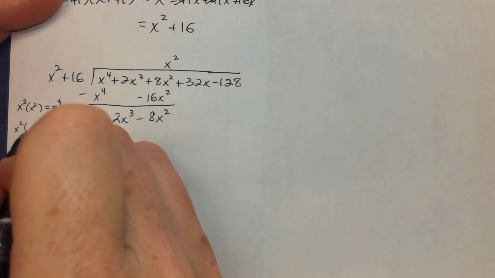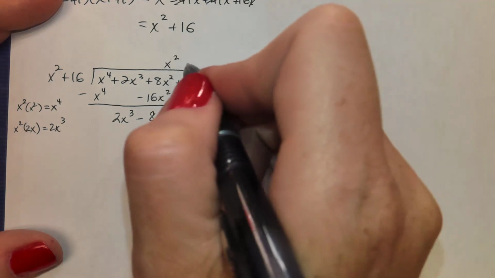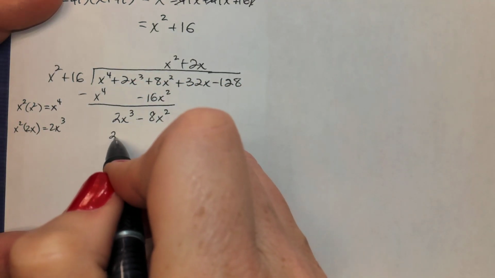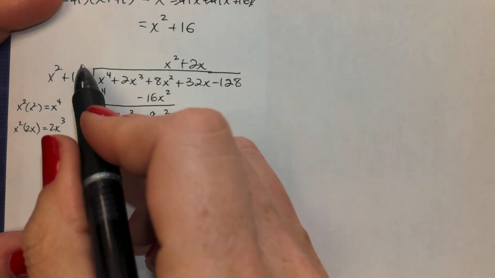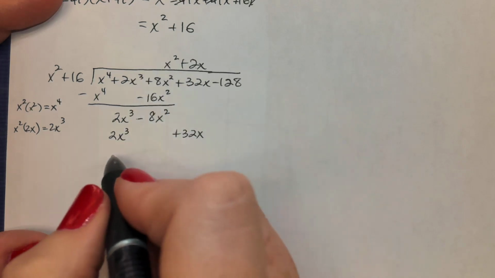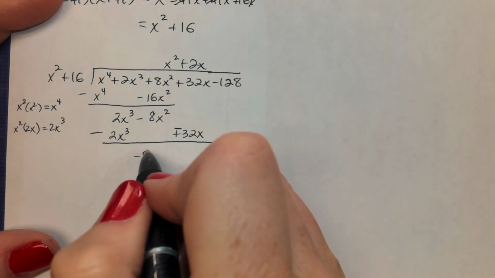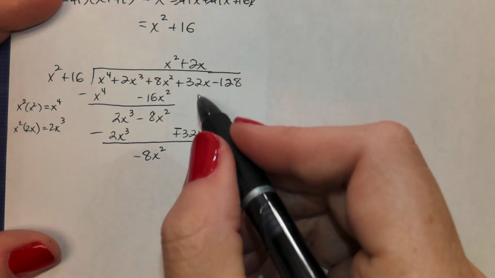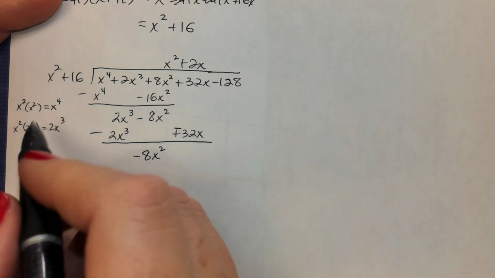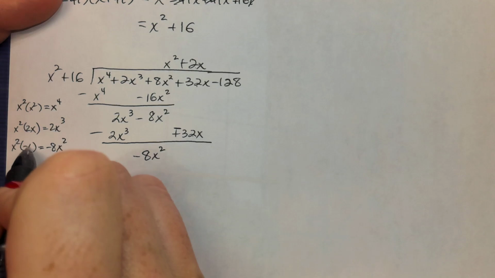Now how does x squared become 2x cubed? I'll need a 2x to do that. Then 2x times x squared is 2x cubed, and 2x times 16 is 32x. I'm going to move that over here so it's like terms. Draw my line, switch the signs so that negative 8x squared will drop. 32x minus 32x is nothing. Now I'm making that x squared become that 8, and all I'm going to need is a negative 8.